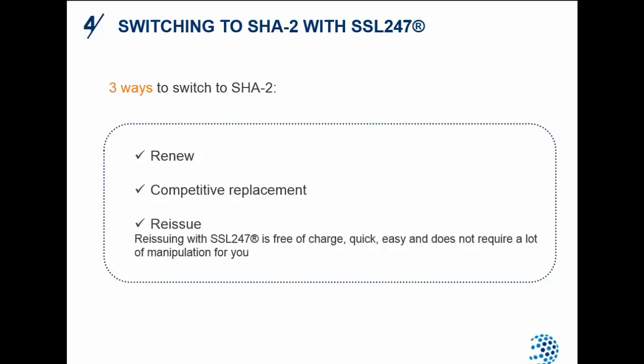If you're not with SSL 247, no problem. We also offer competitive replacement for our prospect clients. If you are using one certificate authority, we can offer you a different certificate authority, and as long as your certificate is expiring within the next 12 months, we will make sure that we add the remainder of the time onto the new certificate.